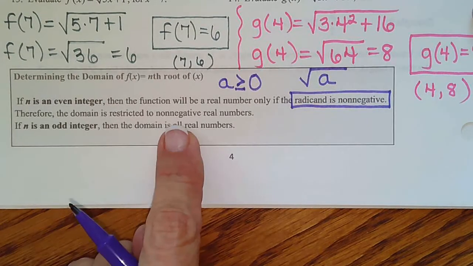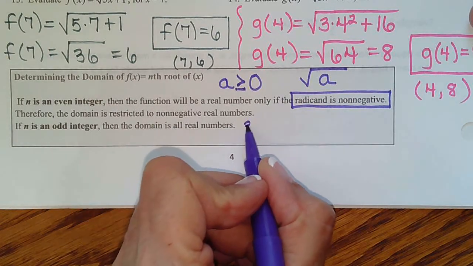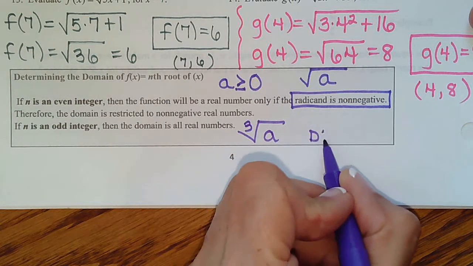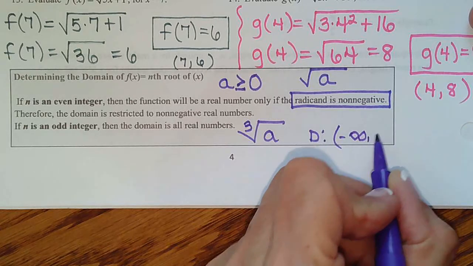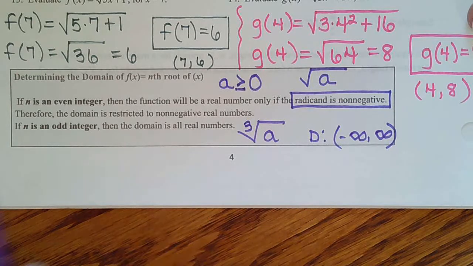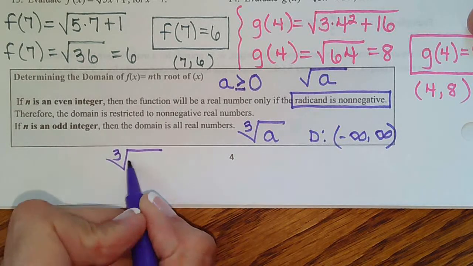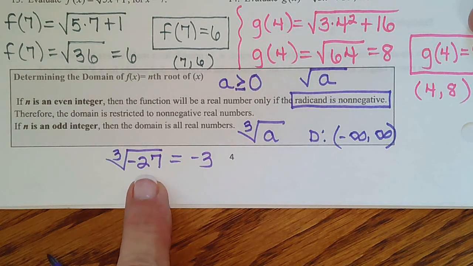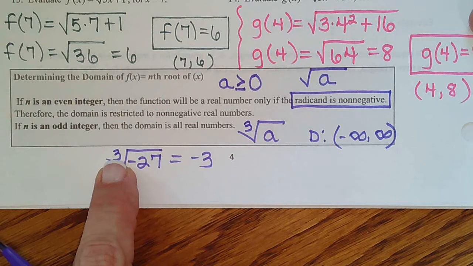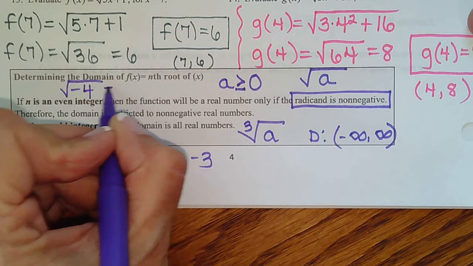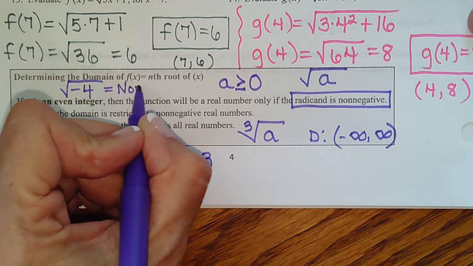With an odd index, the domain is all real numbers. So when we have cube root of A, we say the domain is negative infinity to positive infinity. So odd index, we can put anything we want, because remember how we said cube root of negative 27 was negative 3? So you can have a negative under an odd index. You can't have a negative under an even index. So remember when we wrote square root of negative 4 is non-real number.